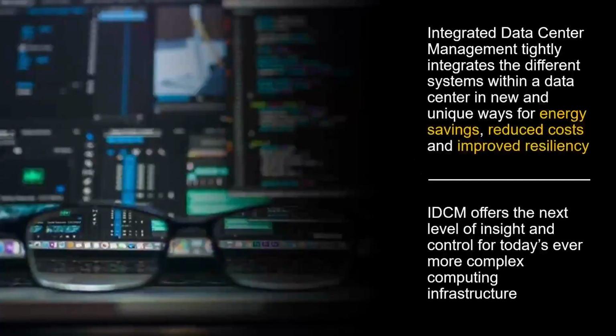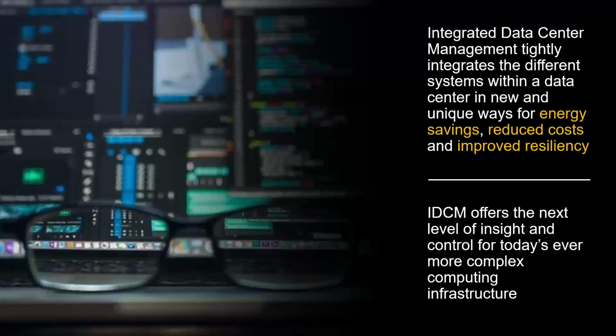These imperatives led Enlight Software, Automated Logic, and Carrier to partner to bring integrated data center management to market. With Automated Logic, you've got the controls and automation, building automation systems. Carrier has excellent HVAC equipment, and they have a very keen focus on the data center market itself.